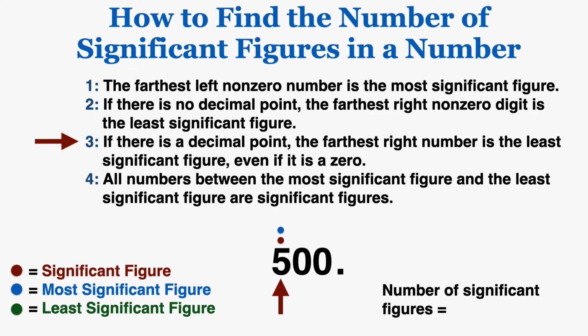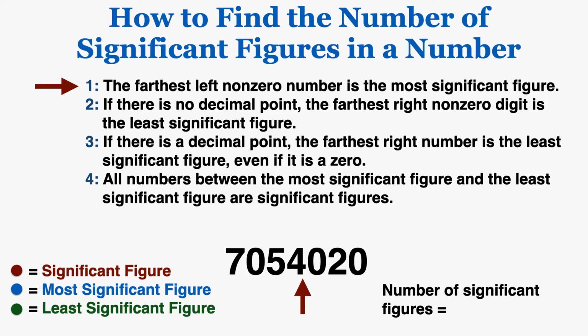So here, because I do have a decimal point, the farthest right 0 is the least significant figure. And all numbers between the most significant and least significant figure are also significant figures. So I have one number between those other two numbers, so that is going to be my other significant figure. So now this number has 3 significant figures instead of 1. So that decimal changed which numbers count as significant.